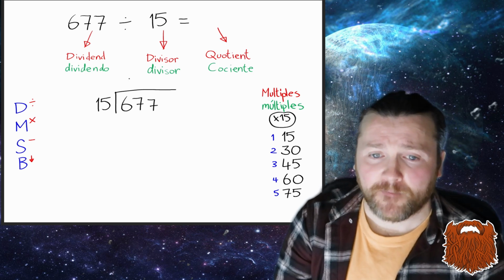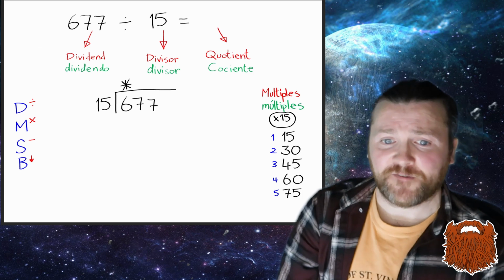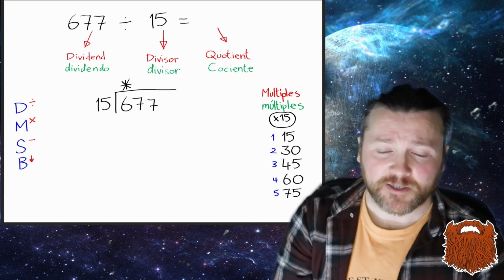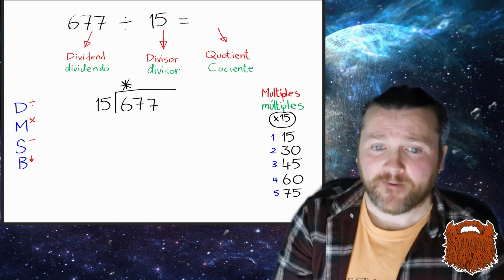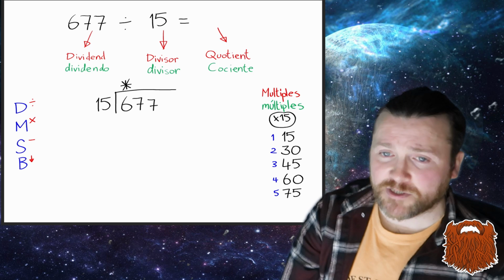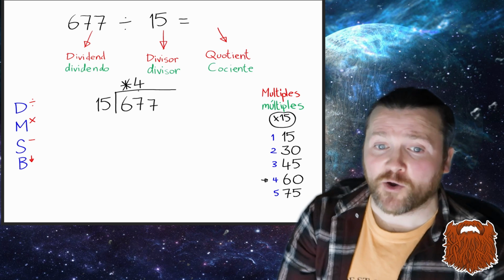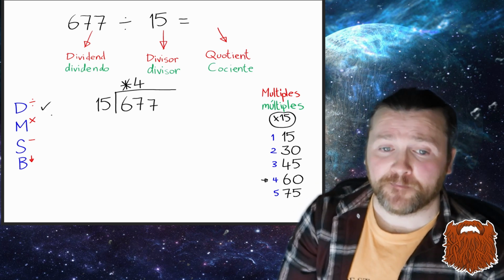Next step, we start again. Will 15 go into the first two numbers? So will our divisor go into 67? We know from our multiples that 4 15s is 60. So we know that it'll go in 4 times. First tick done.